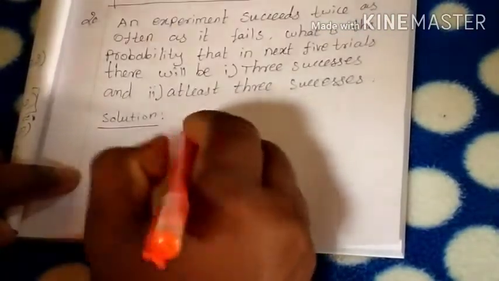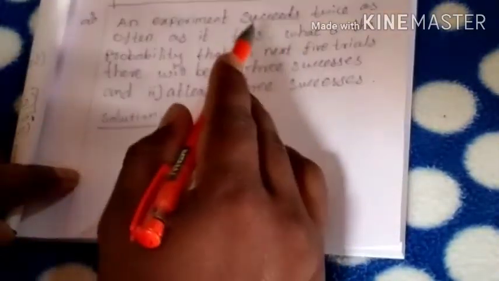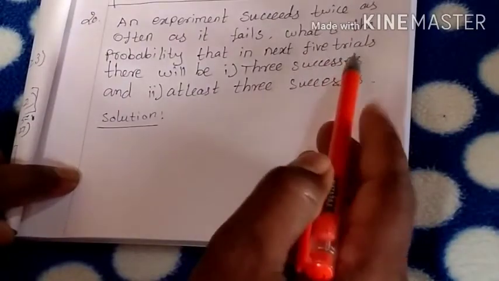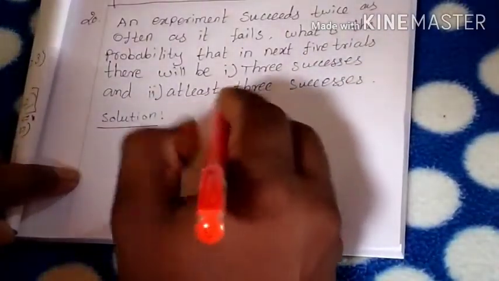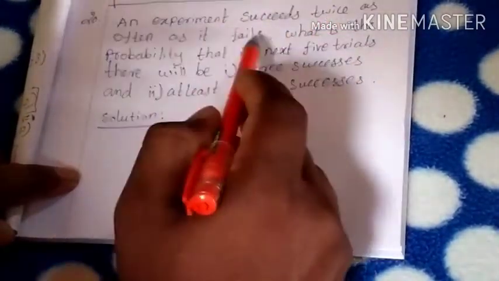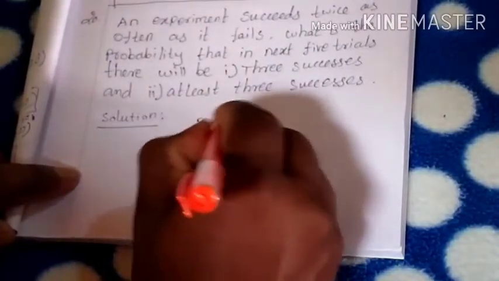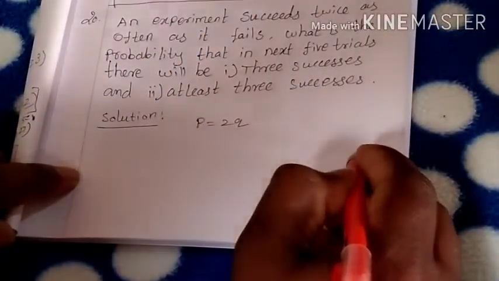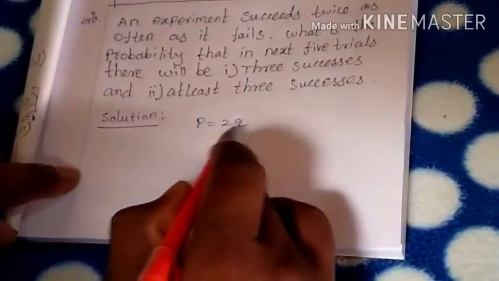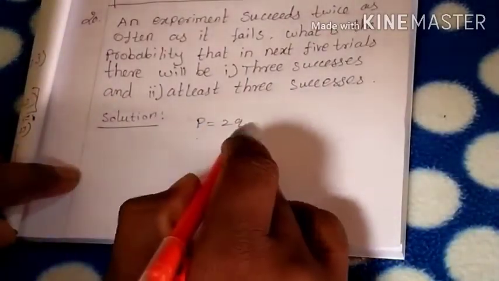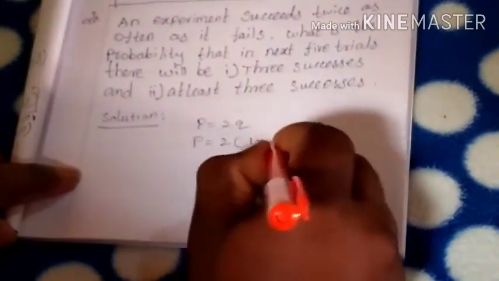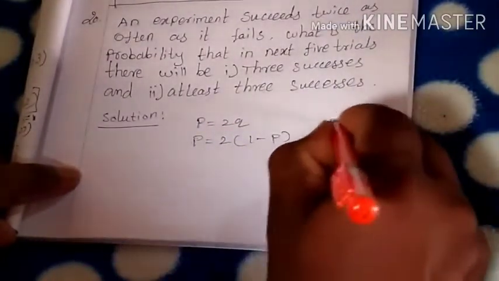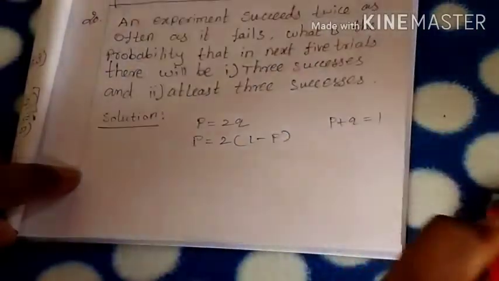From the question given, P represents the probability of success and Q represents the probability of failure. So the success is twice as failures, so P is equal to 2Q. From the given condition, success is twice as fail, so P is equal to 2 into Q, which can be written as 1 minus P, because P plus Q is equal to 1.